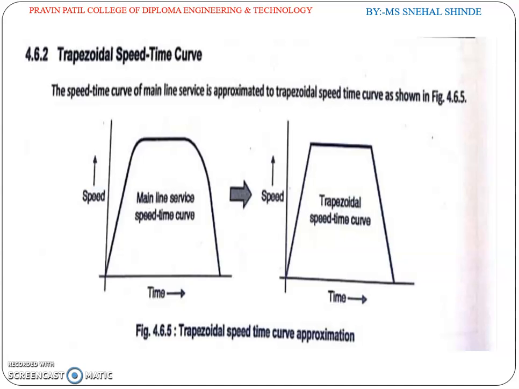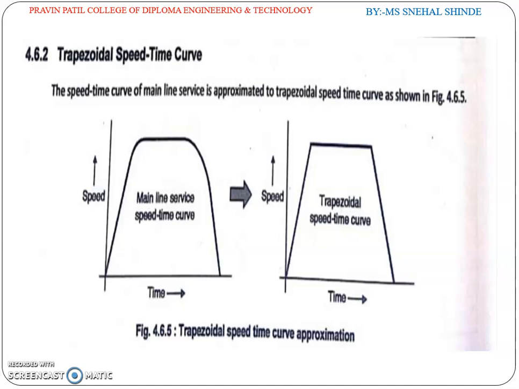Then we know the acceleration is the change in the velocity during the acceleration divided by the time for the acceleration, and retardation is the change in the velocity during the retardation divided by the time for the retardation. Retardation is denoted by beta, and acceleration is denoted by alpha.